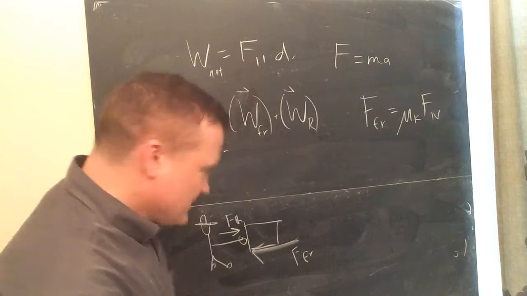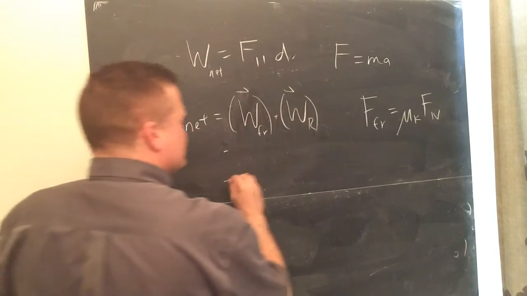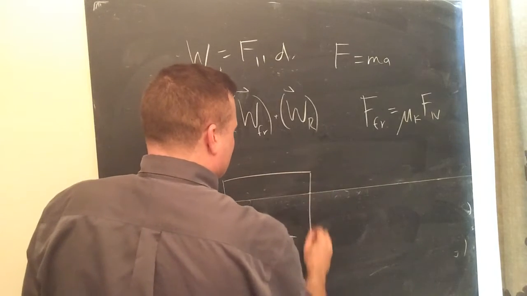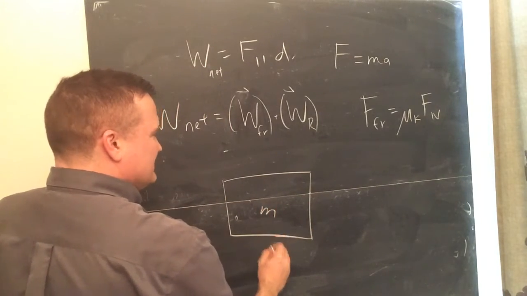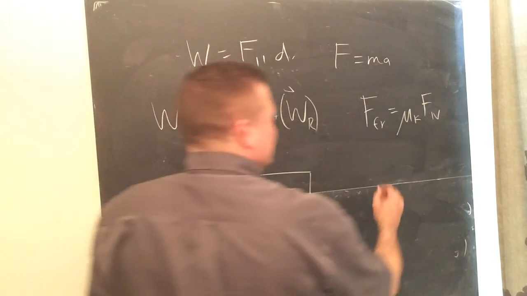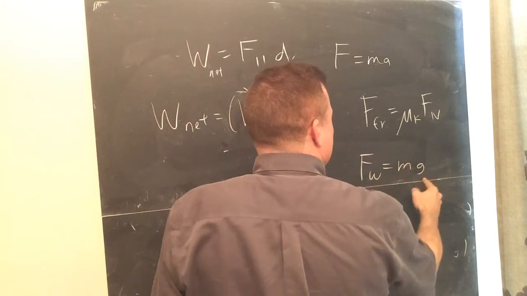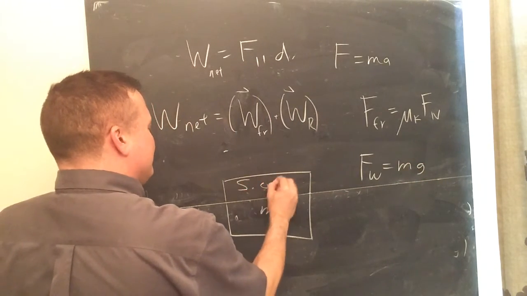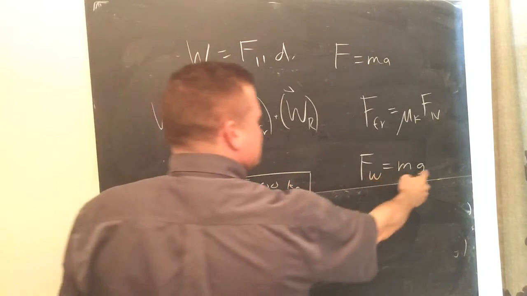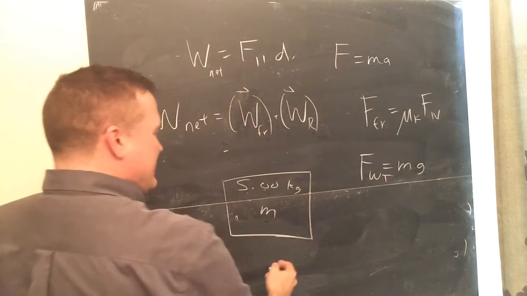All right. So let me draw this a little higher and bigger so you guys can see it. If I want to find the friction on this box, I have to know its mass and find its weight. So remember, the weight is mg, 9.81 times the mass. Say it weighs 5 kilograms. Well, 5 kilograms times 9.81 will give you the weight, F_WT.